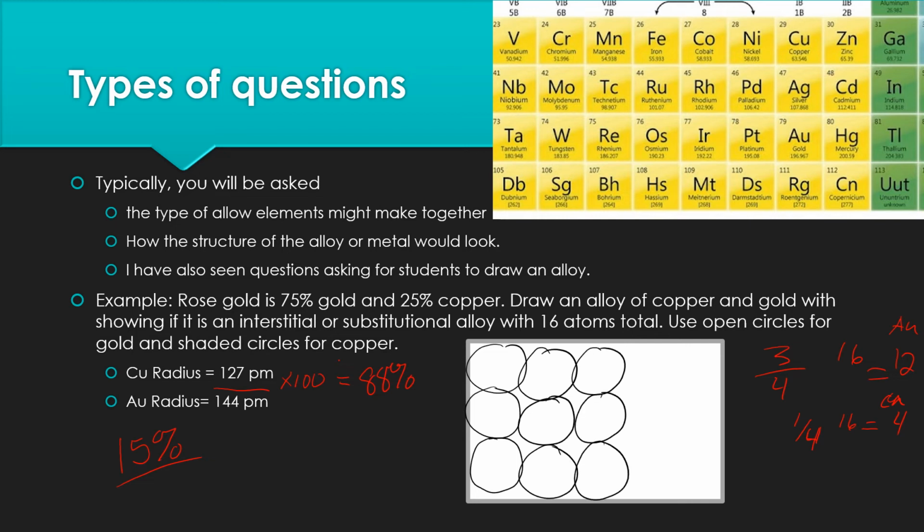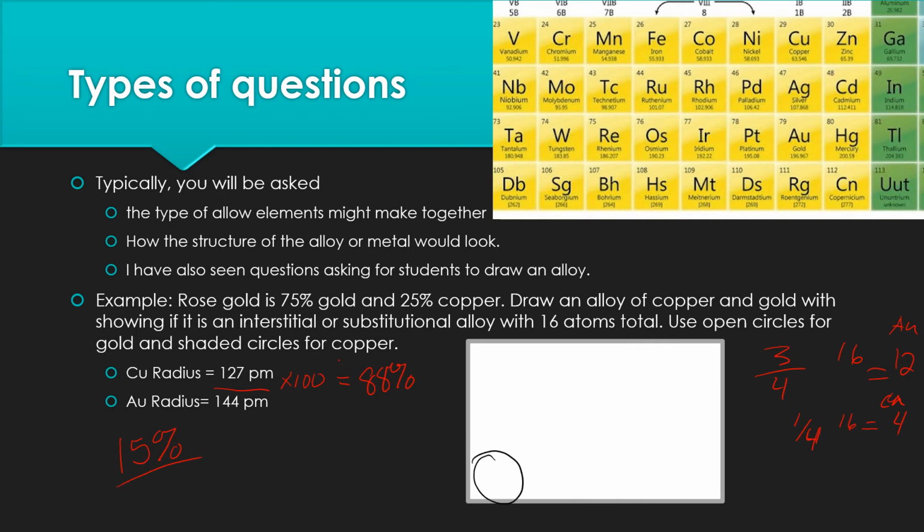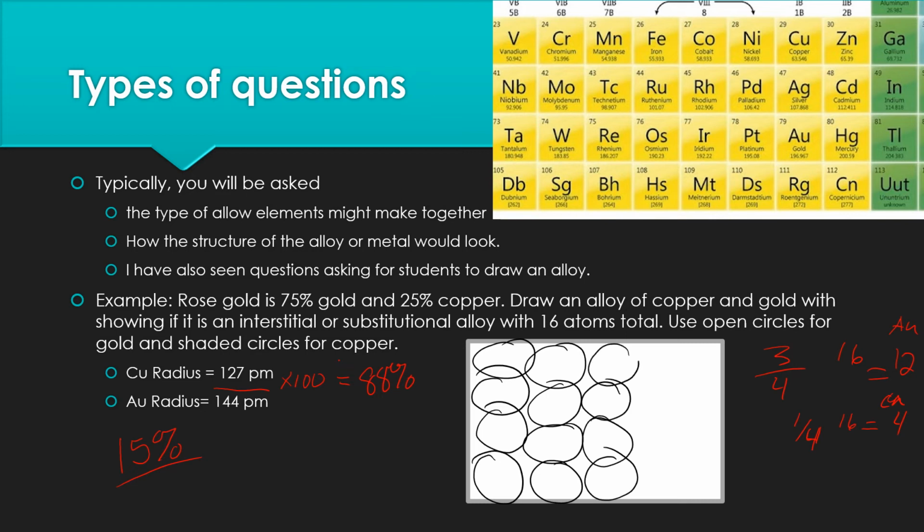So 3, 6, 9, 12. Oh, this is only going to fit 15. Let me edit this just a little bit. We need 16, so let's do 4 by 4. It's not perfect, but we want to show that nice arrangement of our atoms and fill up our space. So we're showing that it's substitutional by the atoms being similar in size.